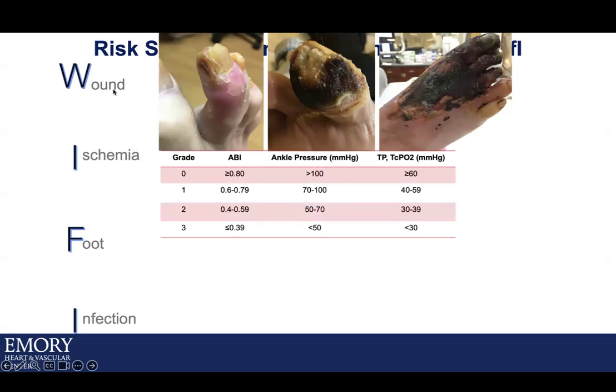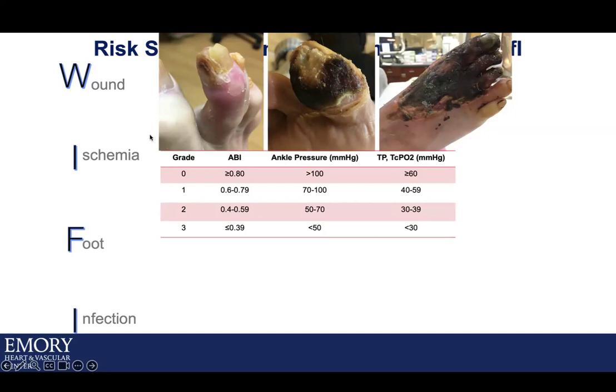So in CLTI, Wi-Fi is used for any type of PAD, intermittent claudication, but in the CLTI in particular, you have to have a stage 3 ischemia, as we talked earlier. You have to have a toe pressure less than 30. You have to have an ABI less than 40. You have to have an ankle pressure less than 50.